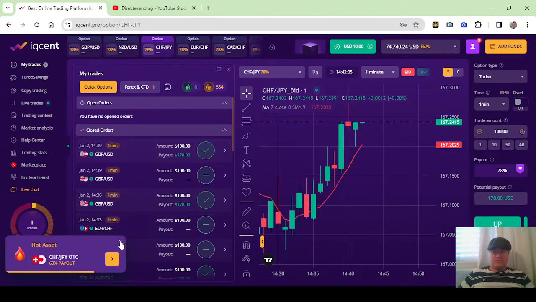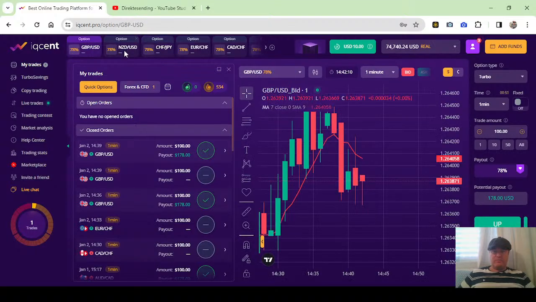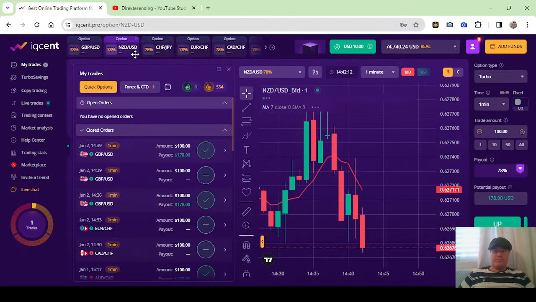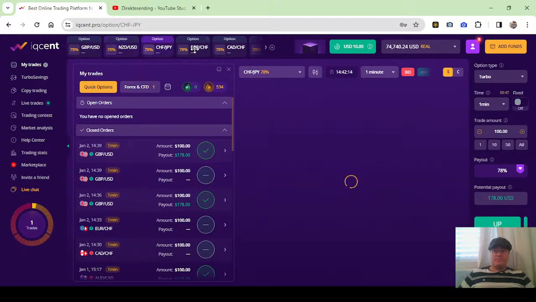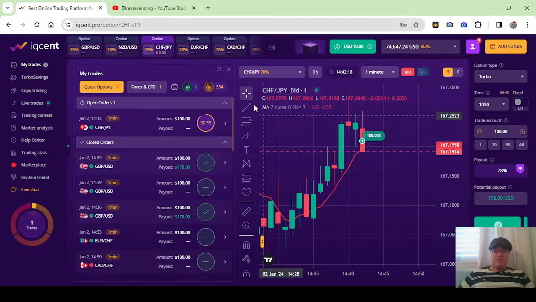Let's see if we have anything. No. Okay, up here. That is the last trade of the day for this strategy. I will let this one run now, but I will start to prepare for Bollinger Band.